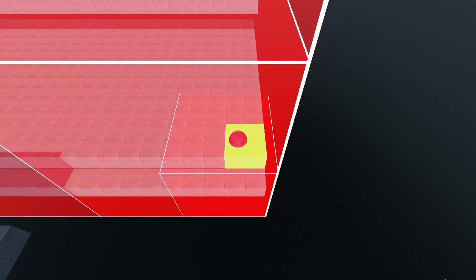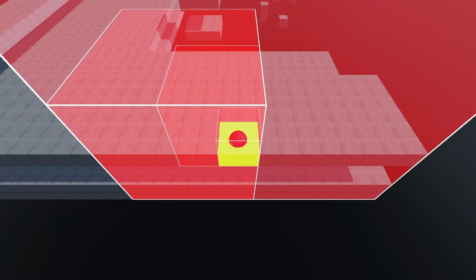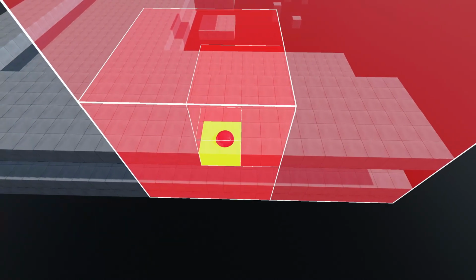The red cubes with the white borders you see here represent where the algorithm is descending into to narrow down the amount of collision checks to do. And the tiles that appear in green are the output of the algorithm, the tiles that are potentially overlapping with the marble. Now let's take a look at what the algorithm is doing while we're moving the marble around.